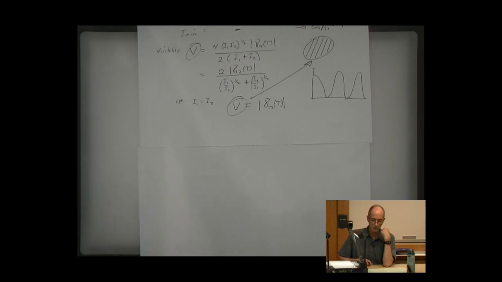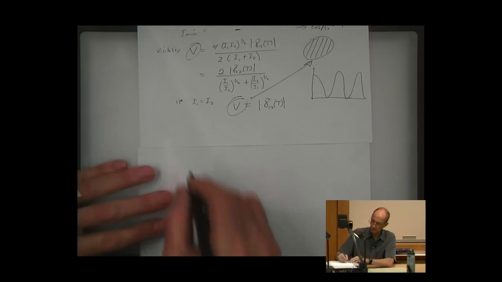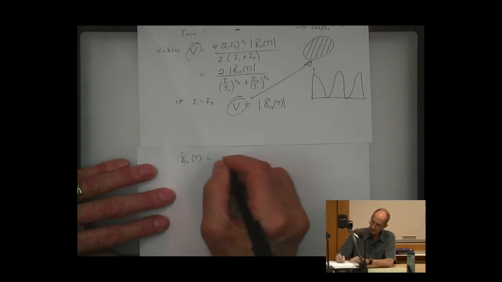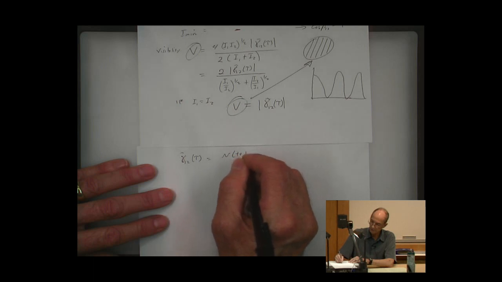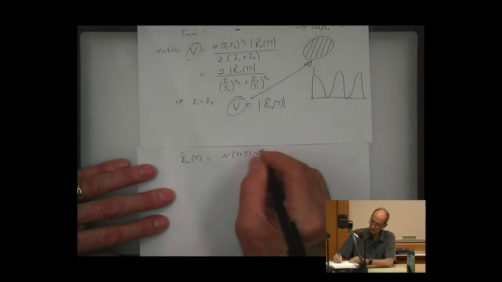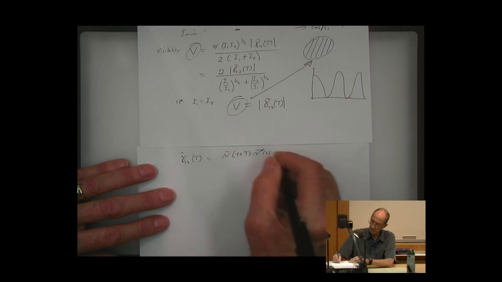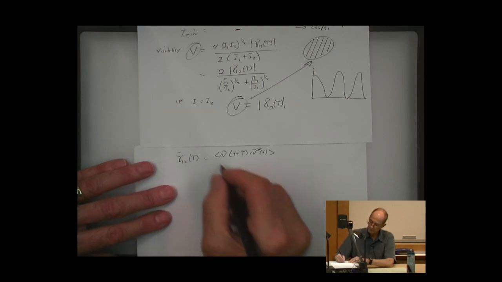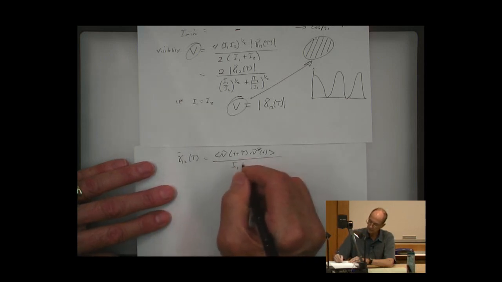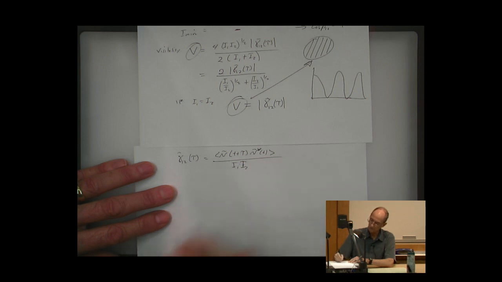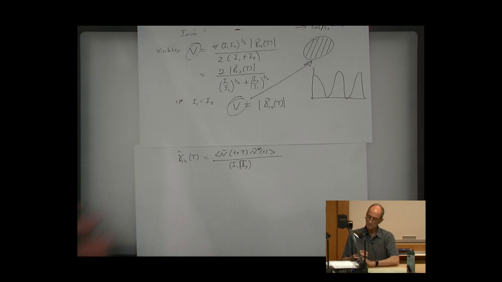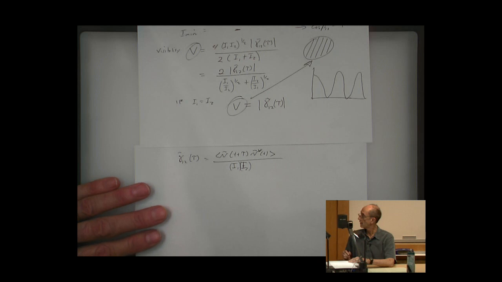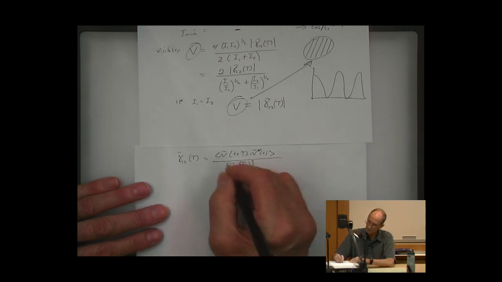So if we have our gamma 1,2 of tau, with the tilde over it, we have V of t plus tau, V star of t, the time average of that, divided by the square root of I1 times I2. Is there the square root in that? Yes, the square root, I'm sorry. Thank you.